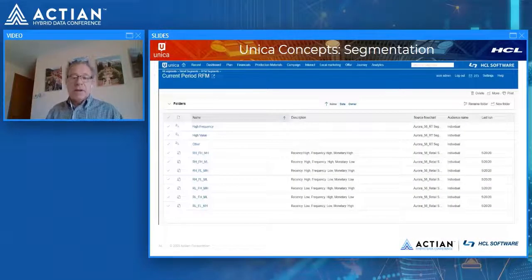The next key concept is segment. A customer segment within Unica is a group of identity keys. So it may be a set of individuals, set of companies, set of accounts that meet certain business rules and criteria.